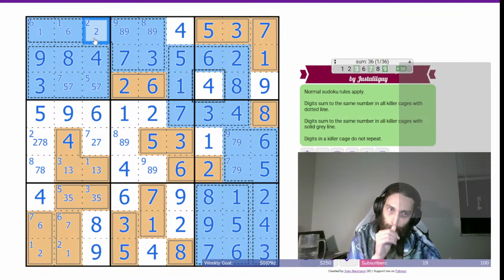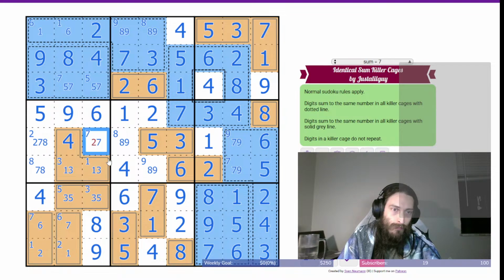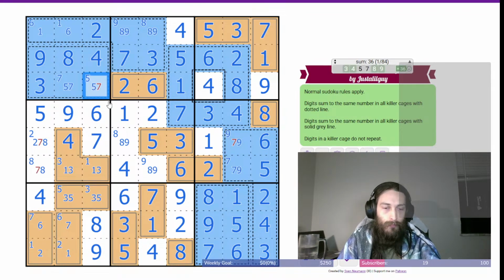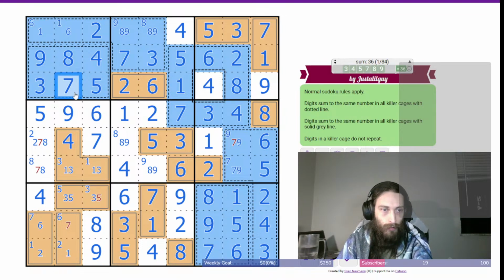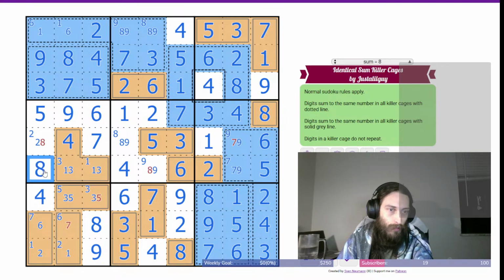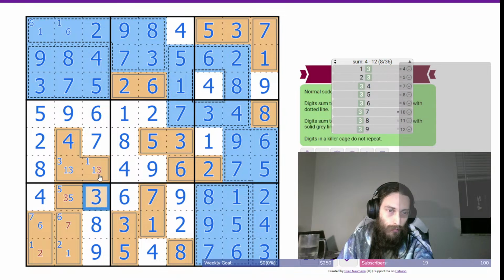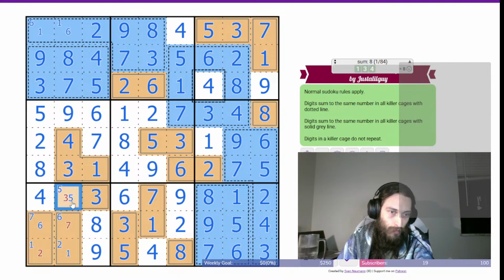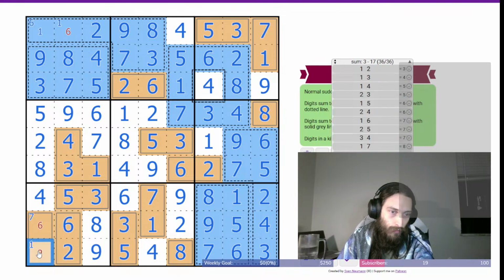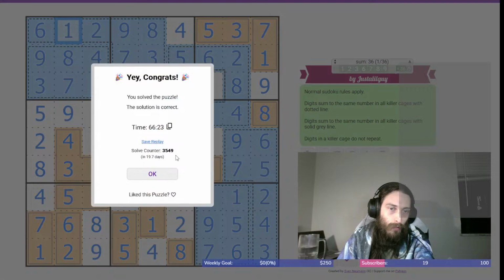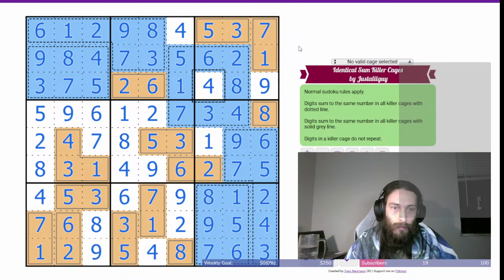Apparently this is a 2 in either case. This was a 7 in either case. 5 in either case. 7 in either case. 8 in either case. 2 in either case. 8, 8, 7. 3 in either case, 1 in either case, 3 in either case, 5 in either case. This being a 7 means this must be 6 and 2. 7, 6. First try. Alright.